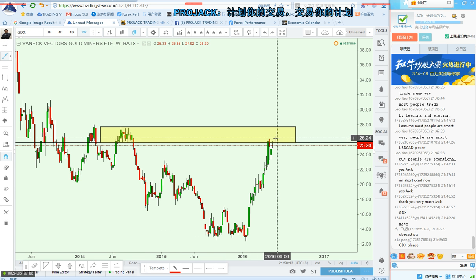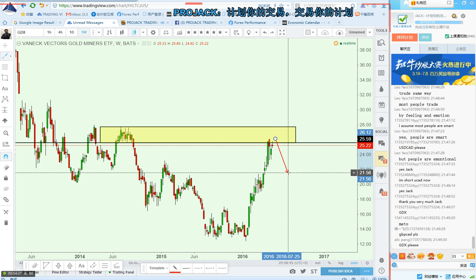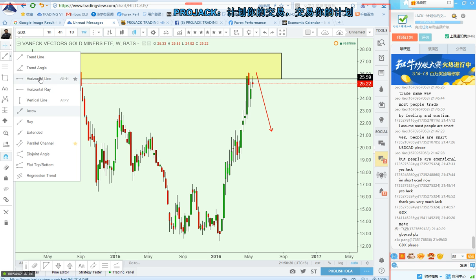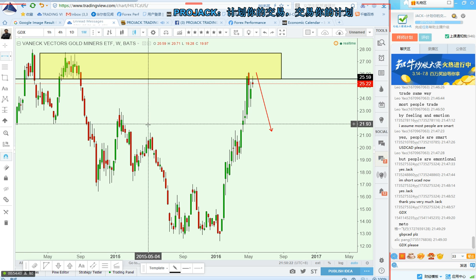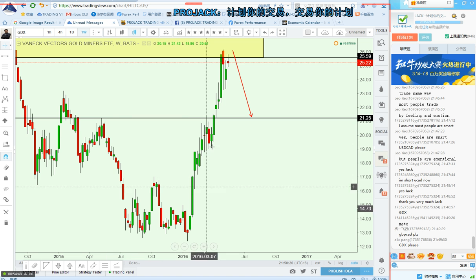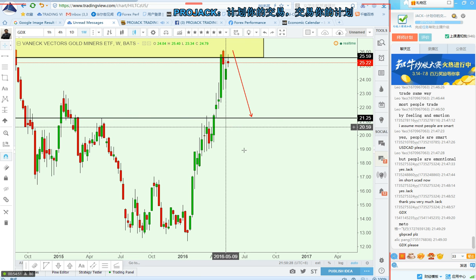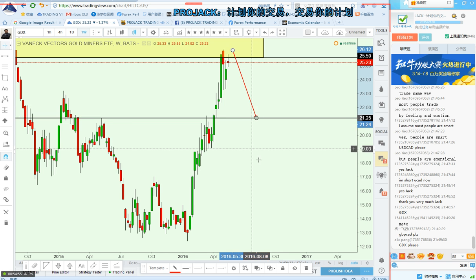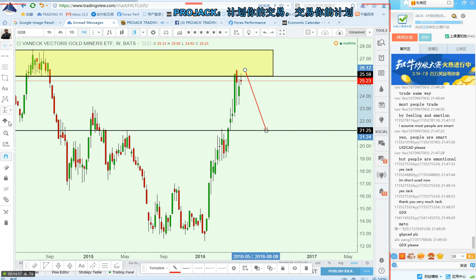First time trying, it will come down. I think the support will be this level, because here you can see there's another top and another bottom. This is a neckline, so GDX may go down to 21.25, and if it comes here, I will be interested to buy.